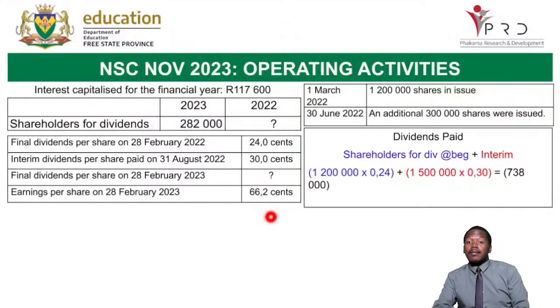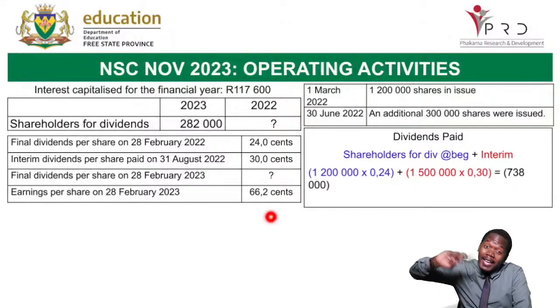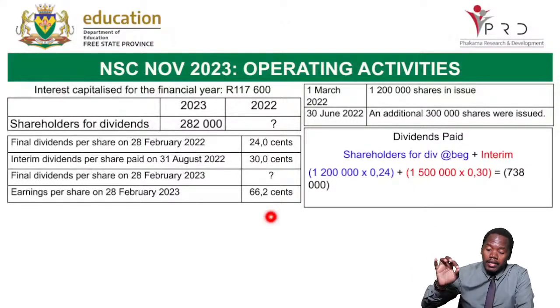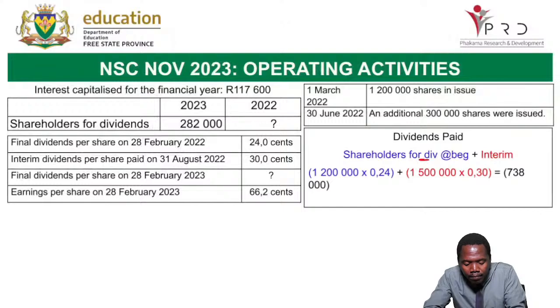Now, how do I calculate my dividends paid now? I can now use my formula. Remember, earlier on, we have learned how to calculate dividends paid. Our formula says dividends at the beginning plus interim. Now, how do I get my dividends at the beginning? I am given the number of shares at the beginning.